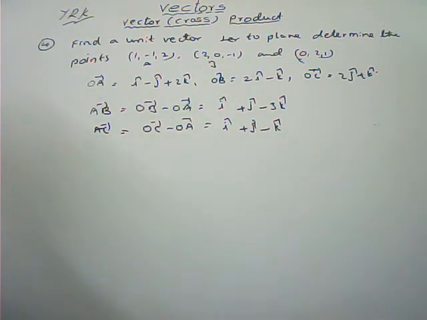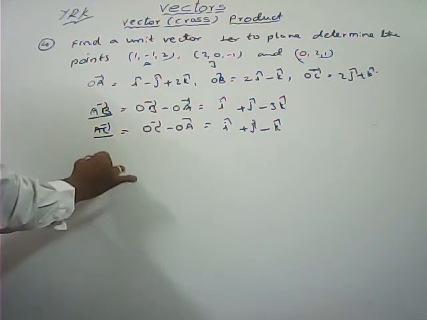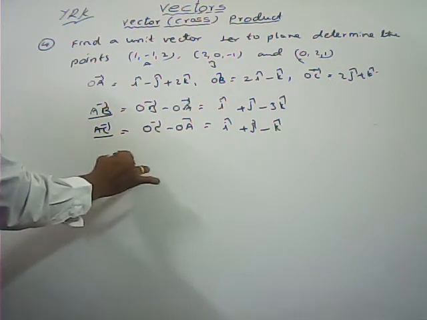Now, what is the vector perpendicular to the plane containing AB bar and AC bar? Their cross product only, AB bar cross AC bar.